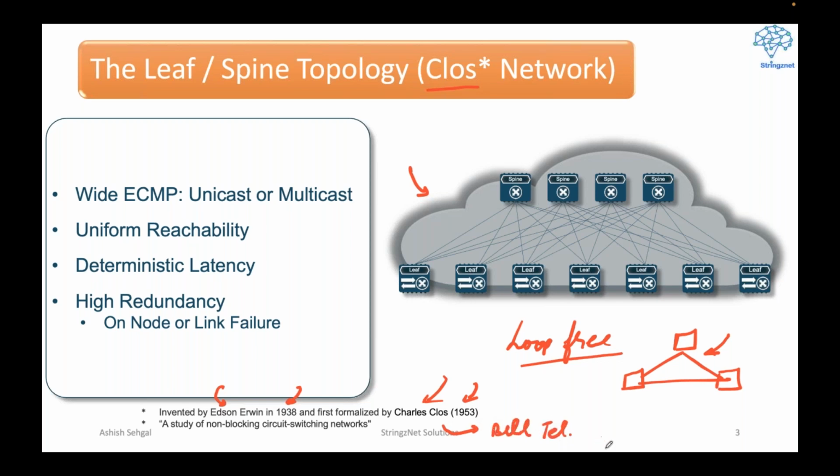Today, history has repeated itself, and we have this architecture back again with us in VXLAN. Not only in VXLAN, even in SDN, software defined networking, we use this loop free architecture. So this is the beauty.